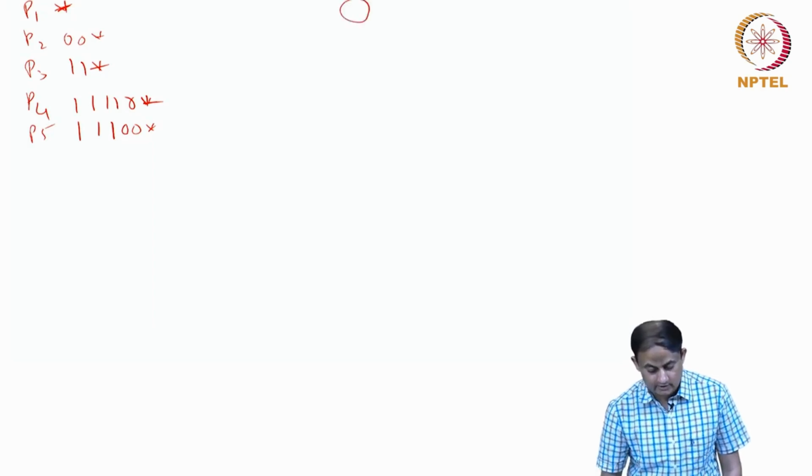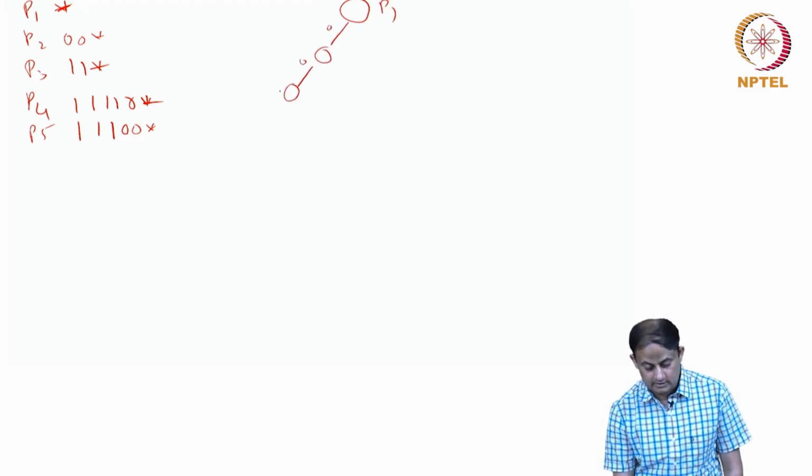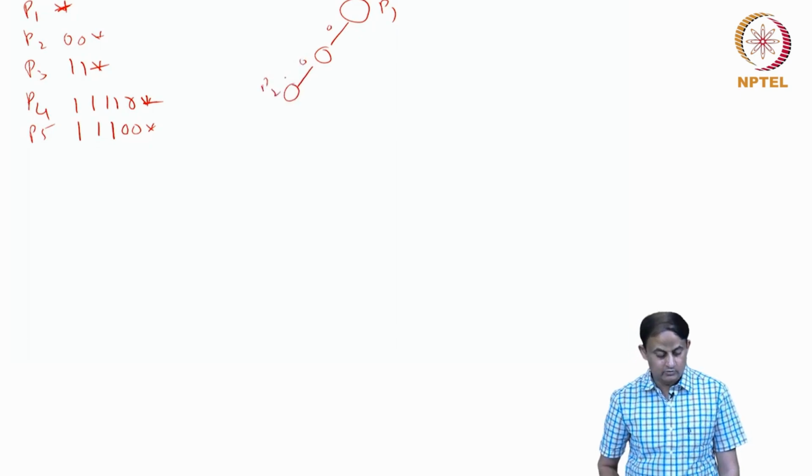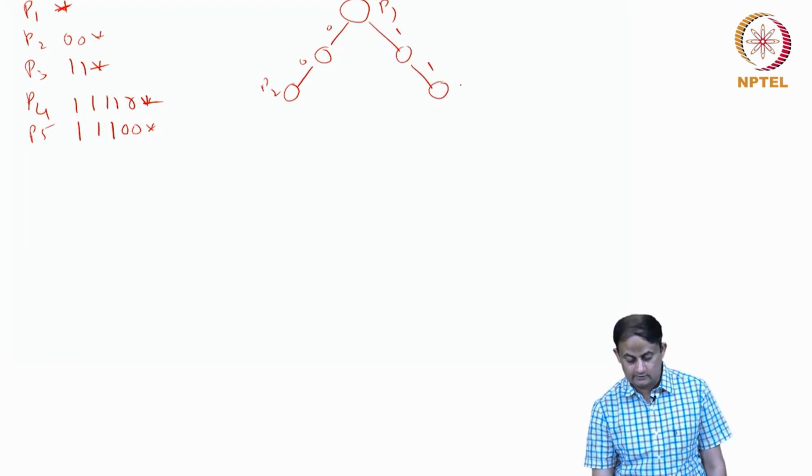So, as usual, I start with the root node, and that is my prefix P1, and then it has the 2 zeros. I come to the left, this is my P2, and P3 is 1 1 star. I go to the right, this is 1 1 followed by the second one, this is my P3.